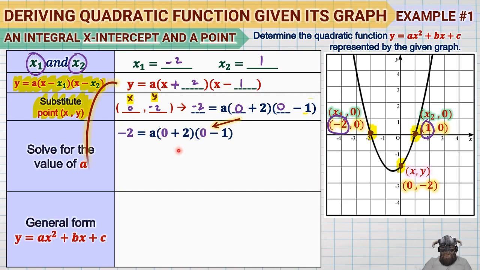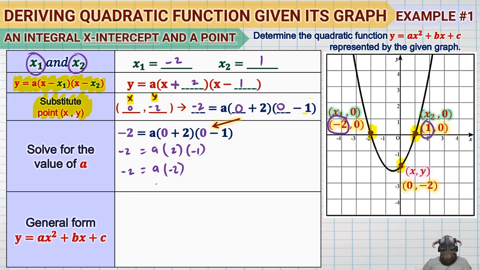So, yan. Solve muna natin. Negative 2 is equal to a times 0 plus 2 is 2. Then 0 minus 1 is negative 1. Multiply natin yan dalawang yan. So, copyin ko muna negative 2. A times 2 times negative 1 is negative 2. Yan.